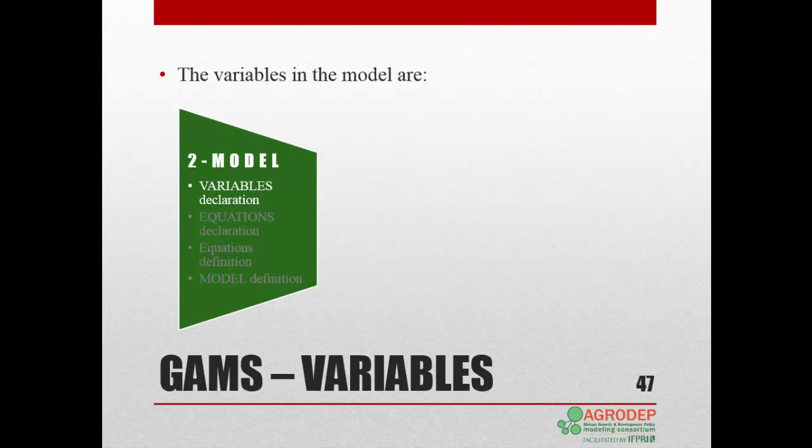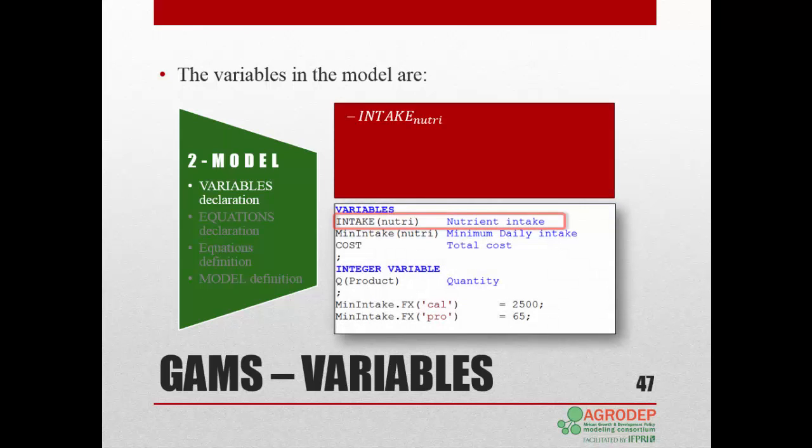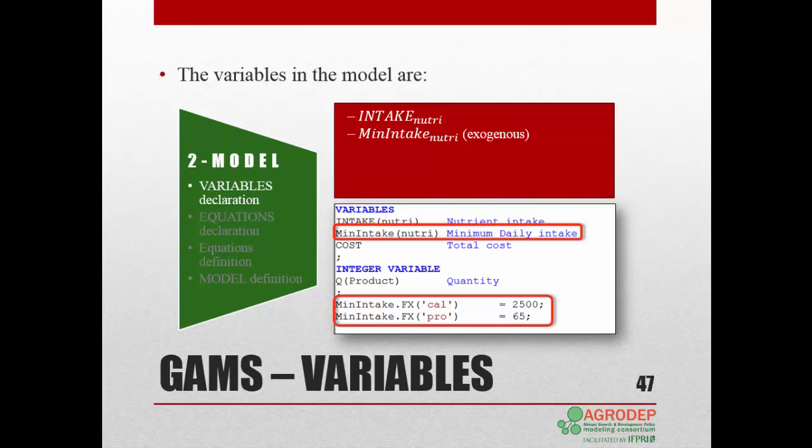We are now ready to declare the variables. They are: intake is a variable that must be positive. Minimum intake is an exogenous variable not determined by the model. We declare it as a variable, but we fix the values given to the variable.